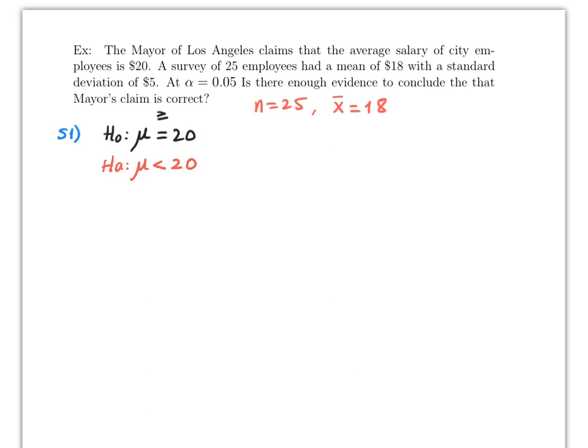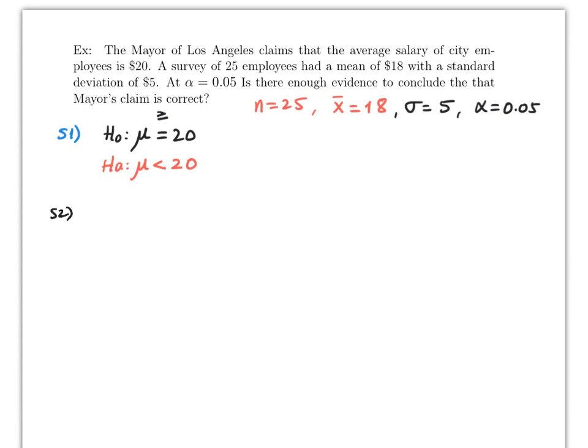Now, the sample standard deviation happens to be 5, and the value for alpha is 0.05. Remember that this is how you know you have to do this type of question, because it will say, is there enough evidence? So that implies hypothesis testing. All right, so that's step 1.